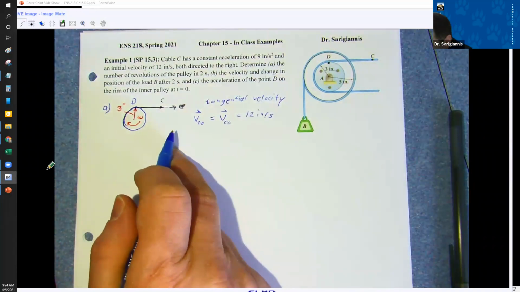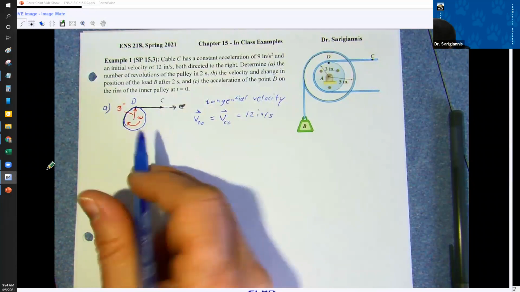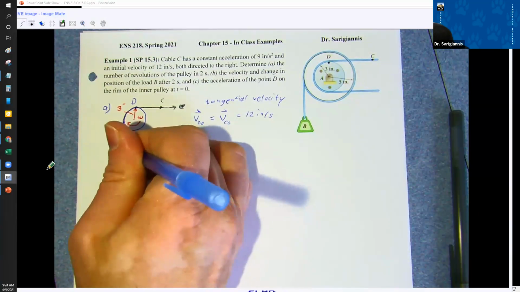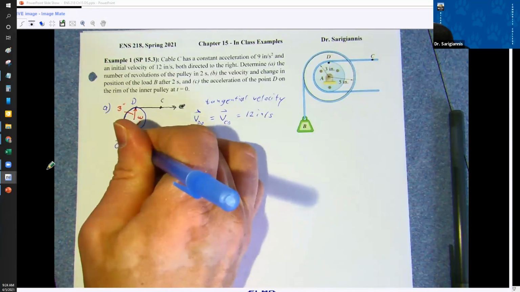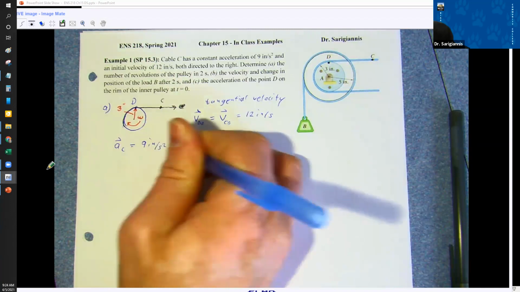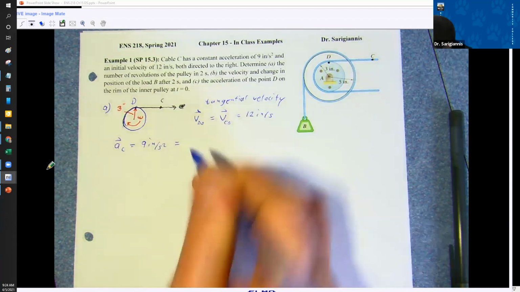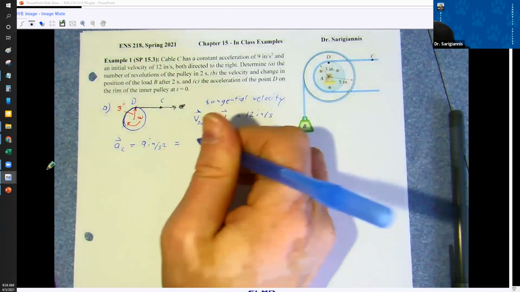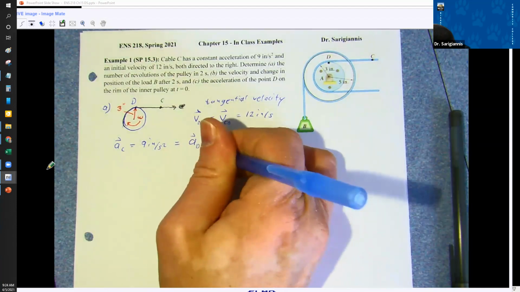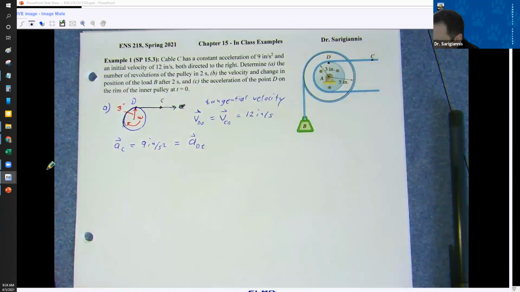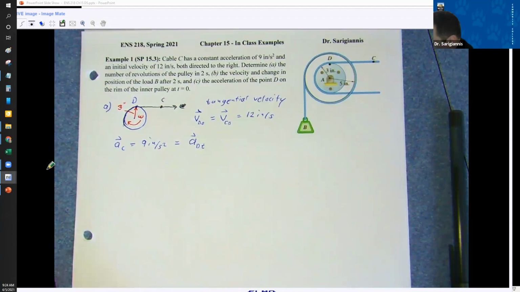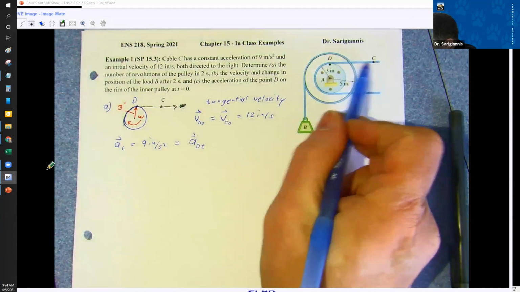So what we see here is the acceleration of C is equal to 9 inches per second squared. This is also equal to the tangential acceleration of D initially, right? Because again, they're basically connected.